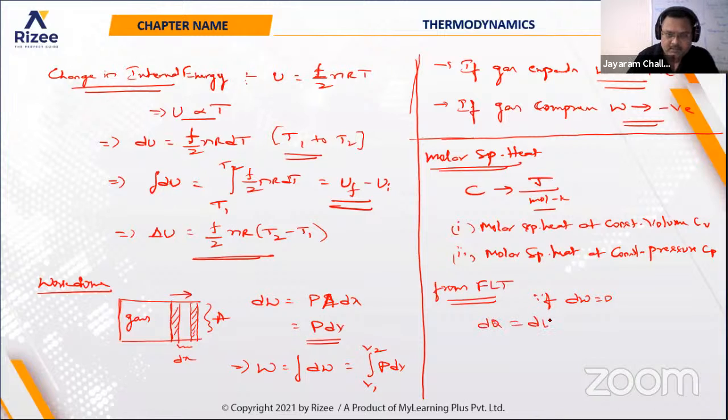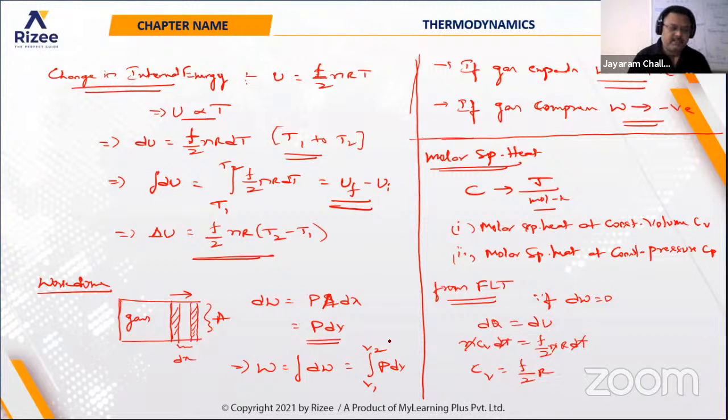Here dq is equal to du. If I take du, we know the heat supplied is n Cv dT, and replacing du with f by 2 into nR into dT, simply Cv is equal to f by 2 into R.